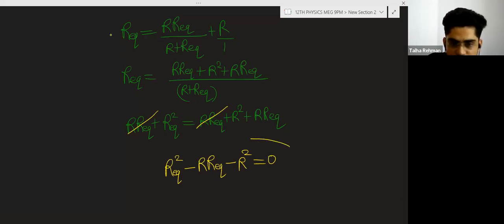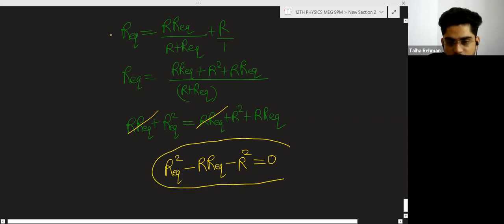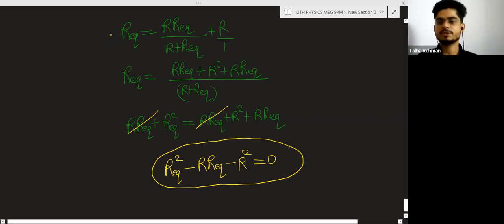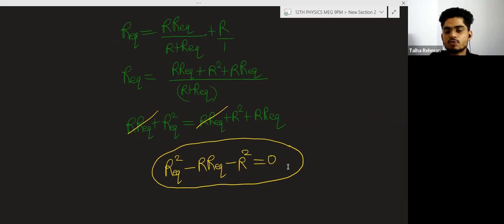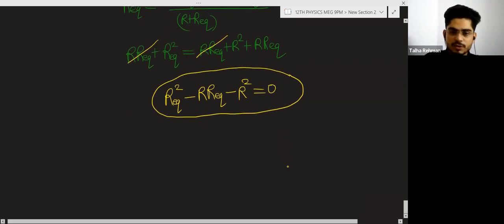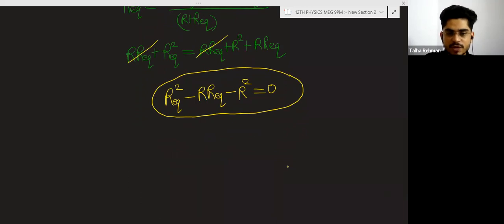Now we have this equation, and do you know something about it? This equation is known as the quadratic equation. In 10th class we studied ax square plus bx plus c equal to 0.